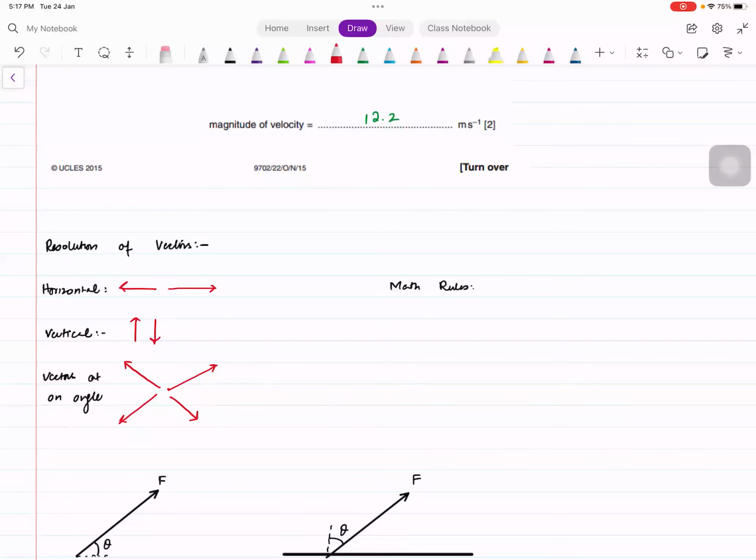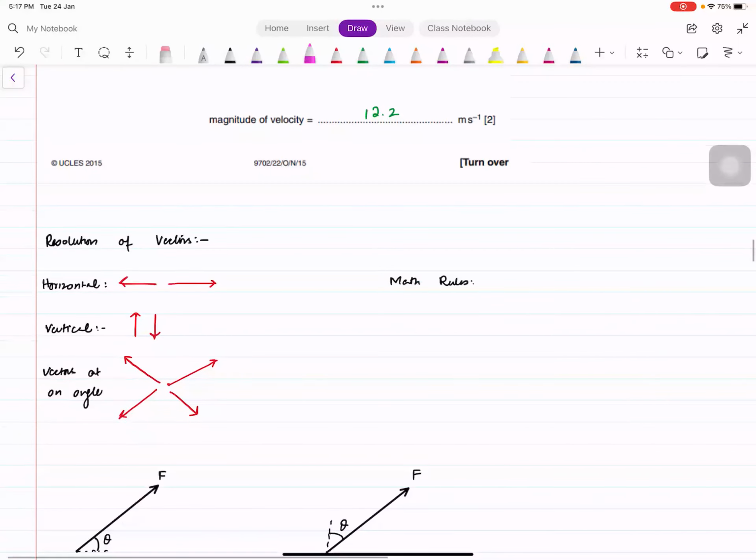A few things that we need to learn before we get into this are some of the math rules. If you look at a triangle with a 90 degree angle, this is the vertical, this is the horizontal. You can call this opposite, this adjacent, and this the hypotenuse, and this is the angle theta.